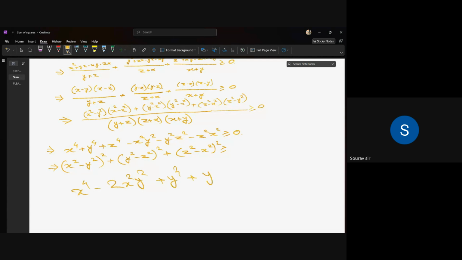Then again we will have y to the power 4 minus 2y square z square, then plus z to the power 4. Again we will have z to the power 4 minus 2z square x square plus x to the power 4. So we are getting 2x to the power 4, then 2y to the power 4, and 2z to the power 4. Okay. So that's why we are multiplying in both of the sides.